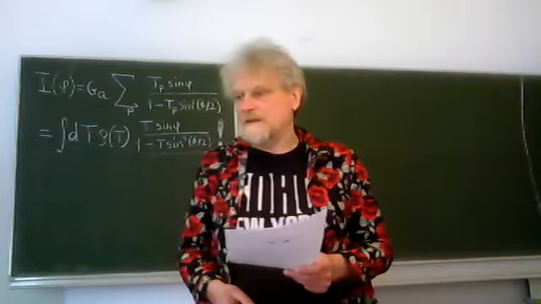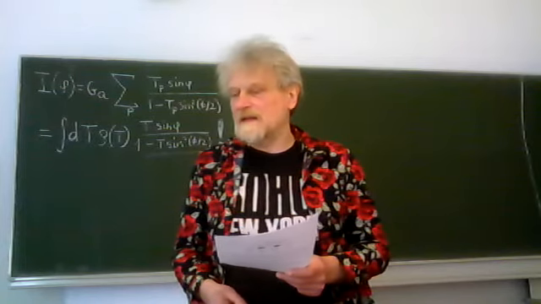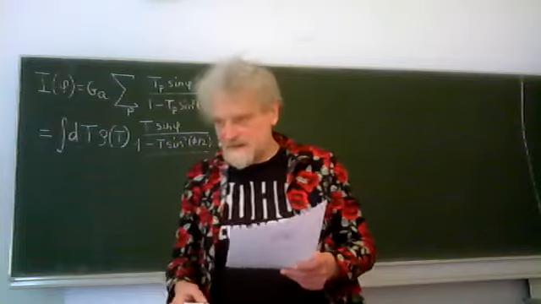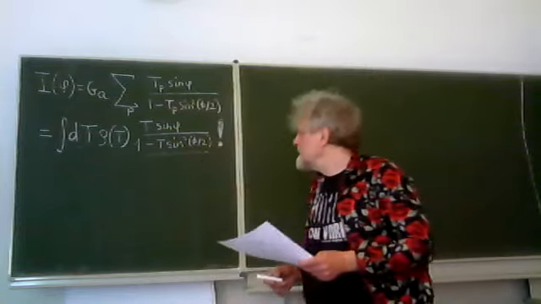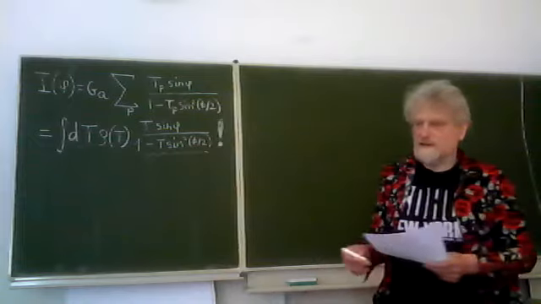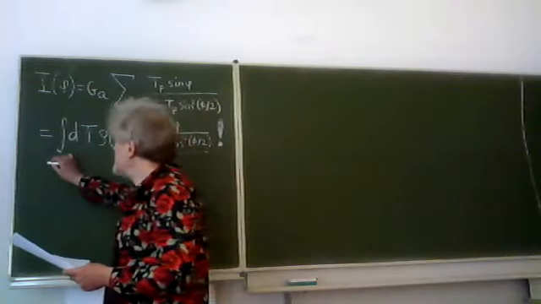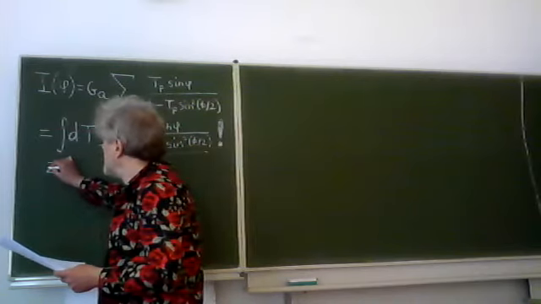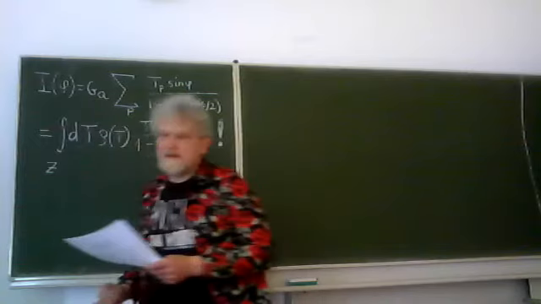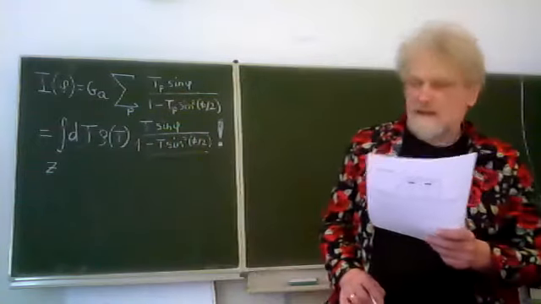So we have to analytically continue this equation. And there are many ways to do this. So what I write is just one of many ways to derive the same formula.